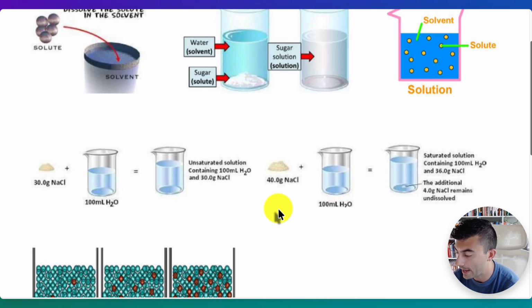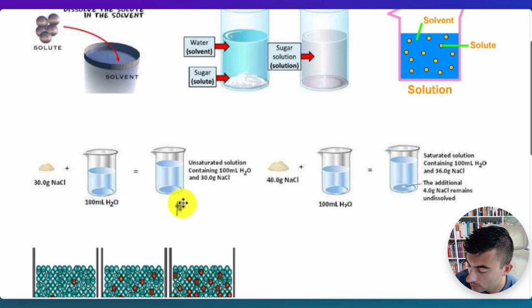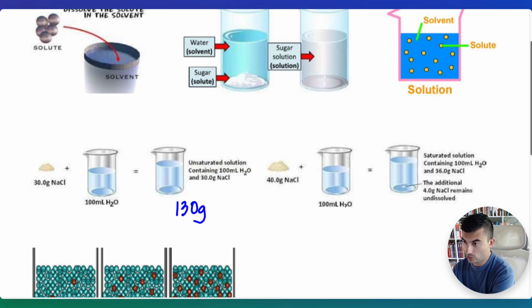So if we have, let's say, 30 grams of solute, sodium chloride, and 100 grams of water, because the density of water is 1 gram per milliliter, we're going to get a total mass of solution of 130 grams.